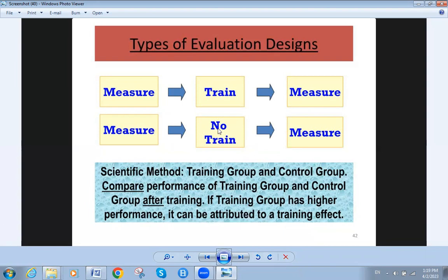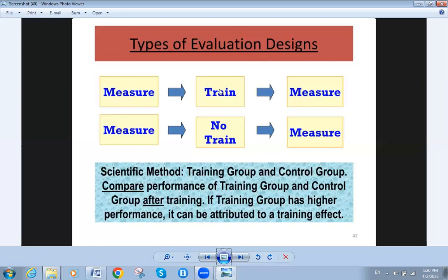That's the point. You don't do a training program without measuring the needs and which points you need your trainee to be fully aware of. And you also measure here to check the gap between the actual performance now of the trainee and what you need in the future from this trainee.